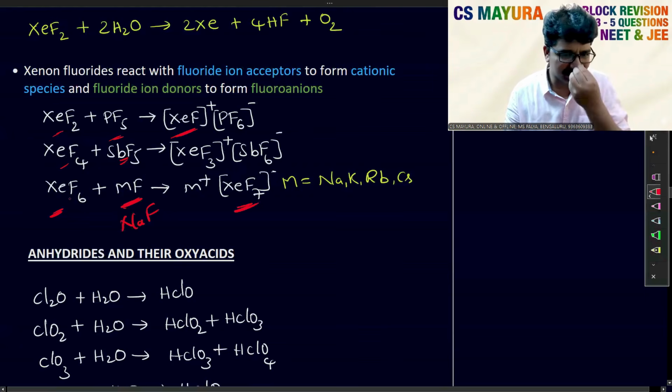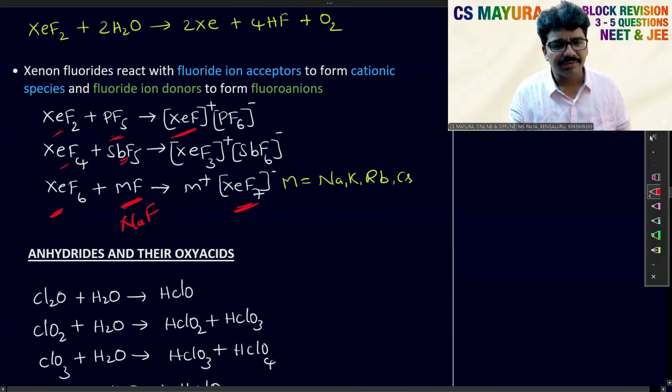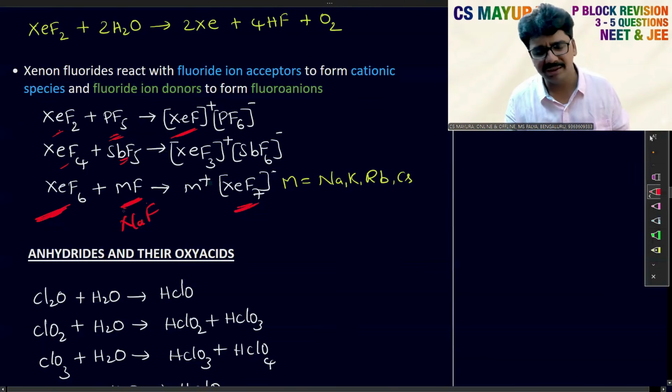So here XeF6 is accepting fluorine, and here XeF2 is donating fluorine, right? When xenon fluorides combine with fluorine acceptors, they form cations. When they combine with fluorine donors, they form anions.